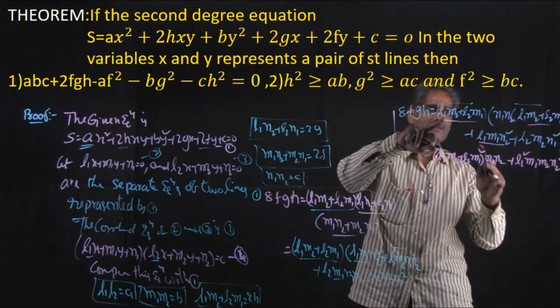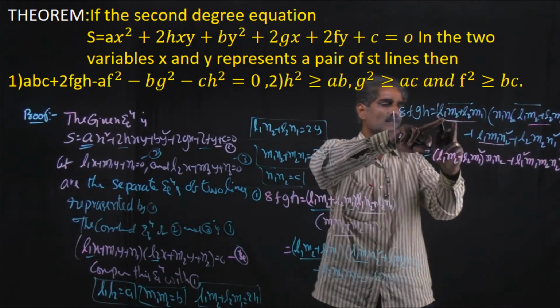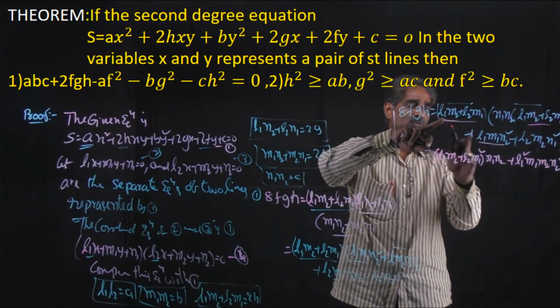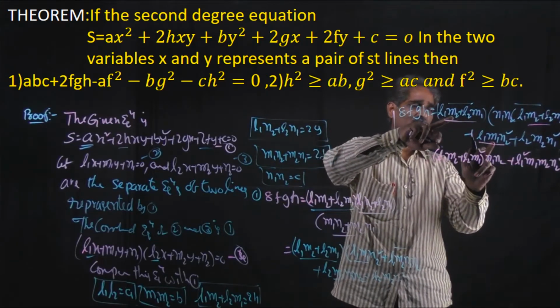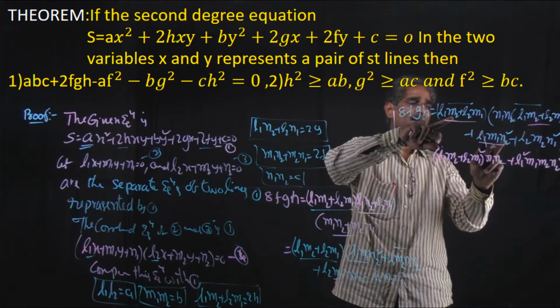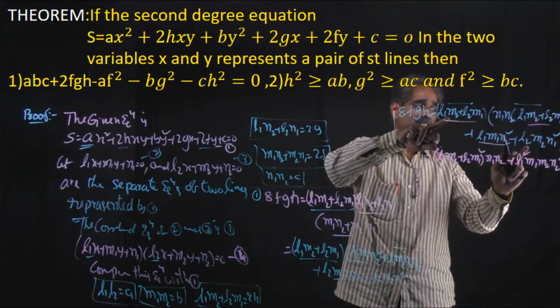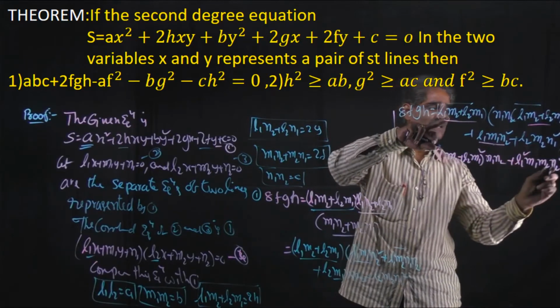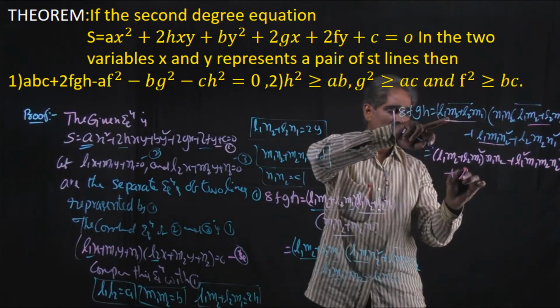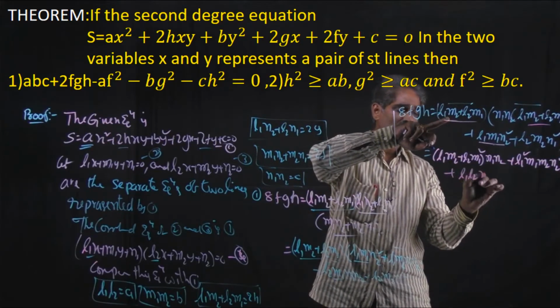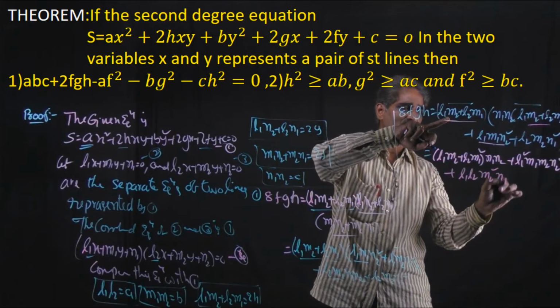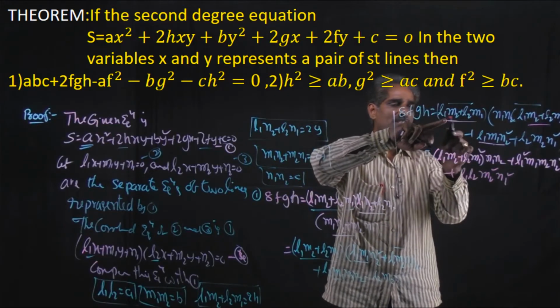Then what will happen? L1 square M1 M2 N2 square plus L1 L2 M2 square N1 square. So the first term is over.